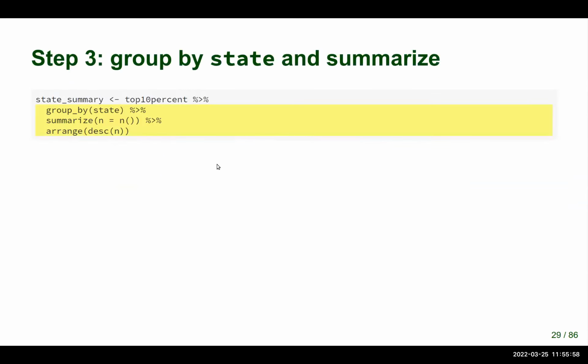The next piece then is we want to analyze that information by state. And we're going to use a group by and summarize workflow. This will be familiar to those of you who attended the first workshop. If you're less familiar, what group by does is it identifies unique values in a given column and splits the data set into groups based on those values.